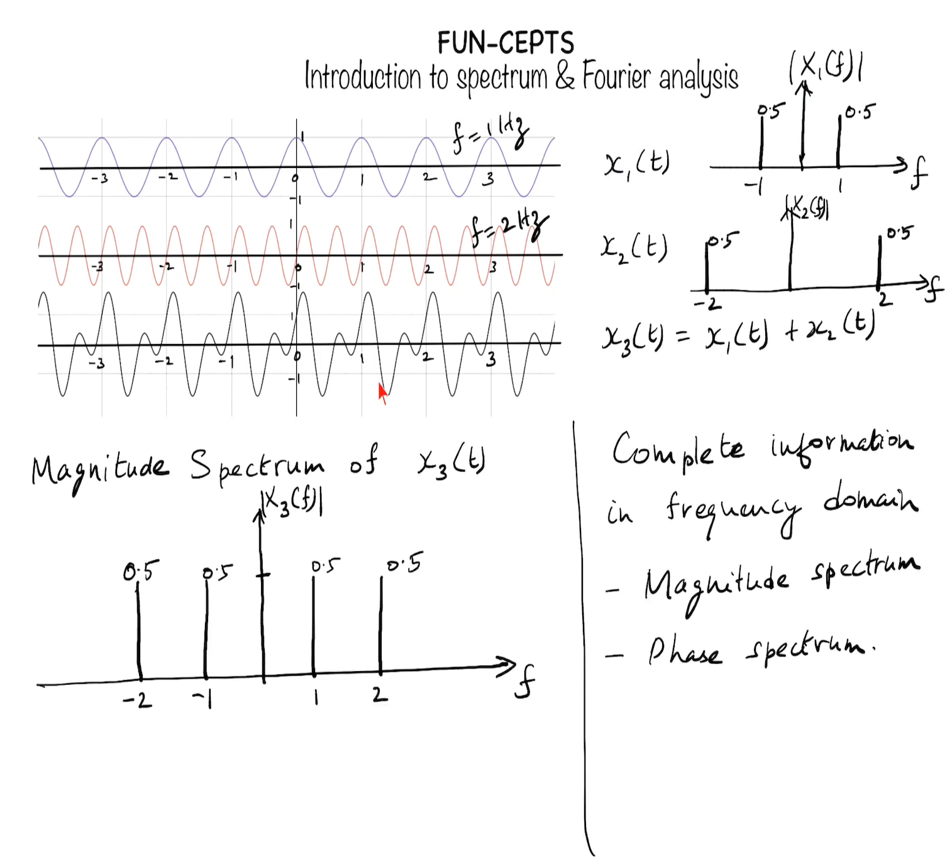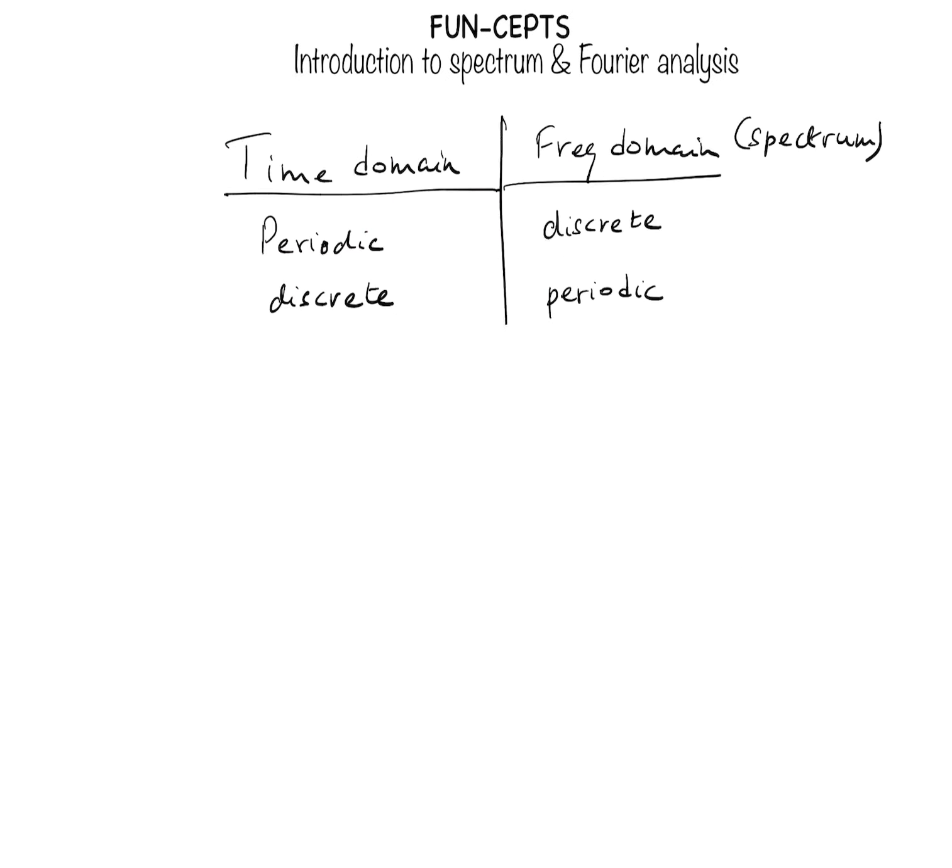Similarly here, the time domain is periodic, the spectral representation is discrete, and conversely, if the time domain is discrete, then its spectrum or the Fourier transform would be periodic in nature.